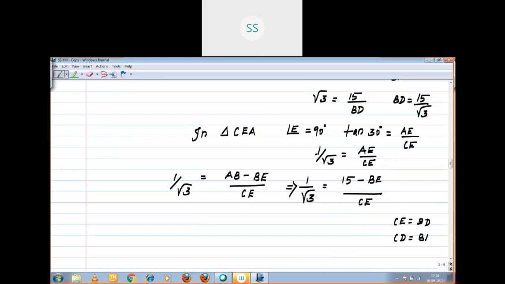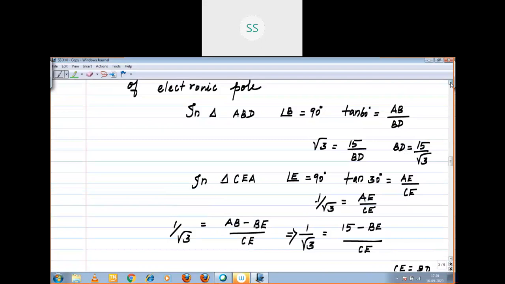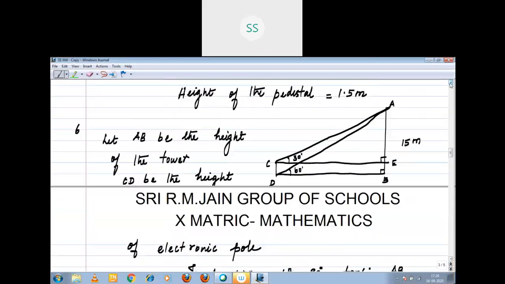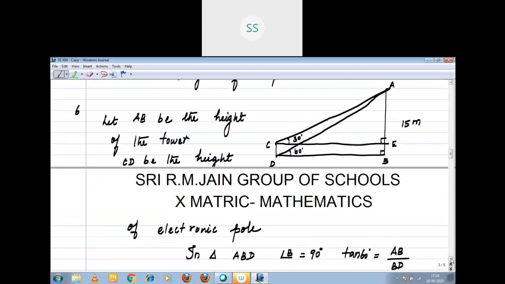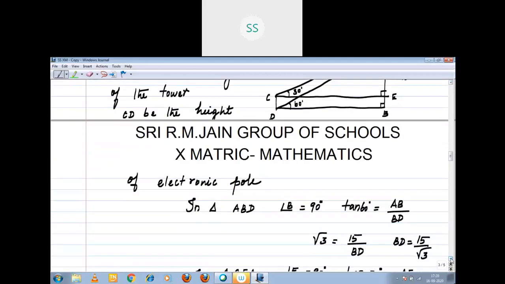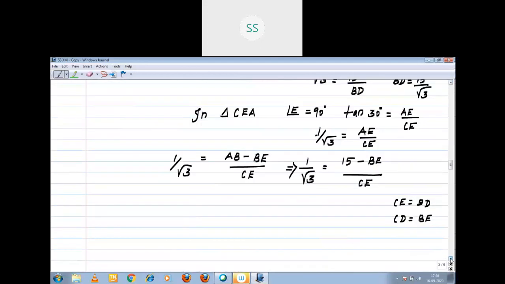CE equal to BD, CD equal to BE, because it represents a rectangle or square, whatever it is, opposite sides are equal.